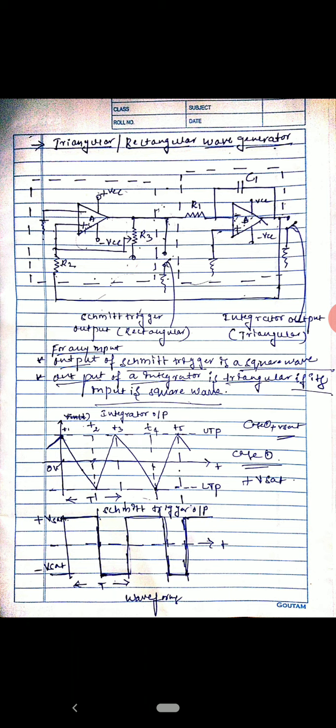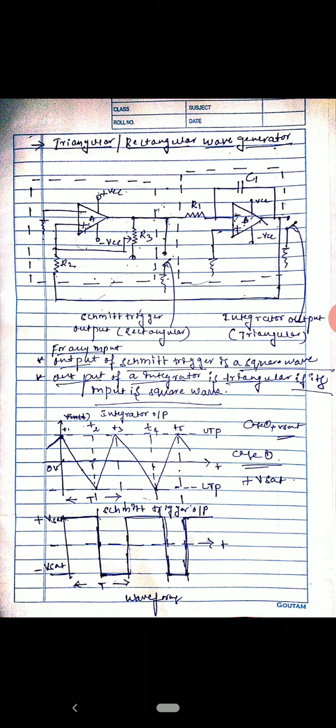So coming to the operation of this circuit, how the circuit operates, there are two waveforms drawn at the end of the sheet. One waveform shows the output of the integrator, one more waveform shows the output of the Schmitt trigger.